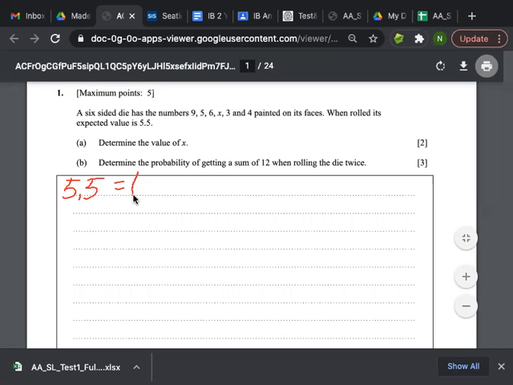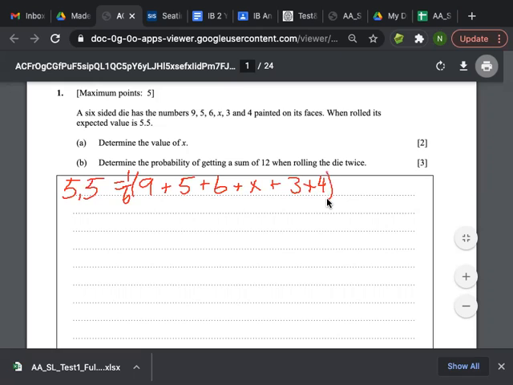So I'm going to have 1/6 times each of these options, right? Now I could write 1/6 times this plus 1/6 times this, but I know that multiplication is something that I can pull out. So I have 1/6 times 9 plus 5 plus 6 plus x plus 3 plus 4.